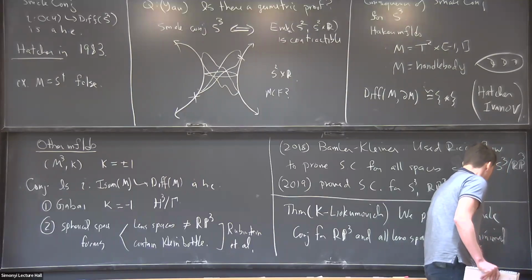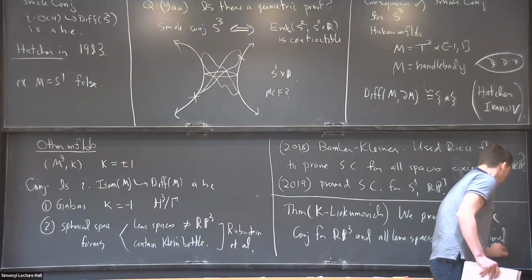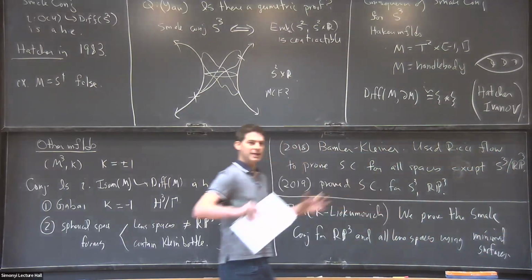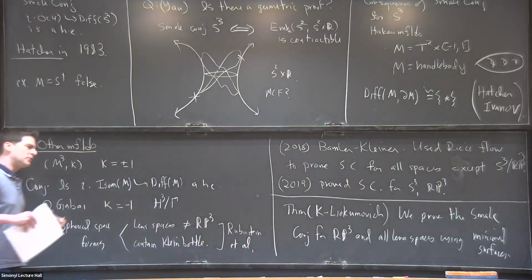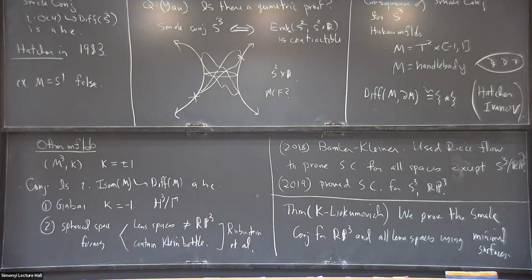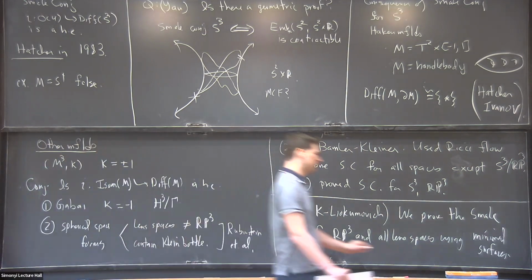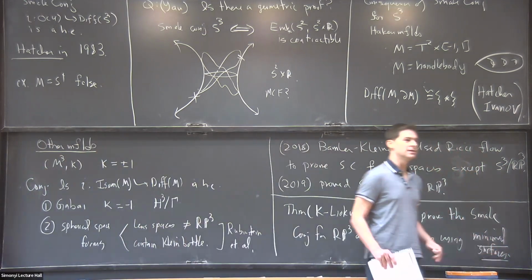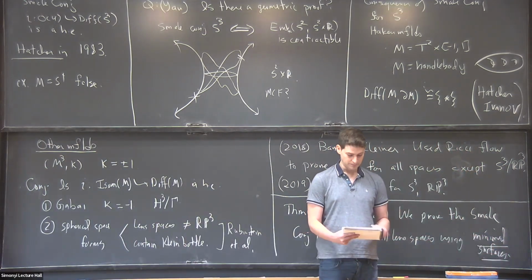Minimal surfaces, you should think, retract diffeomorphisms down to isometries. Isometries are like canonical diffeomorphisms, and minimal surfaces you should think are like canonical submanifolds inside of a manifold.